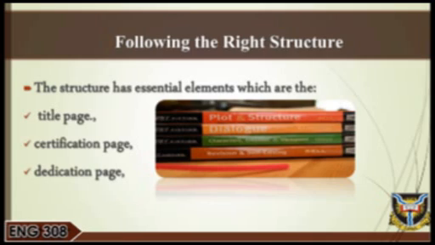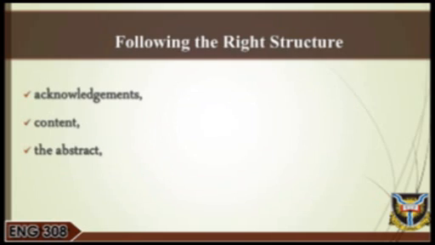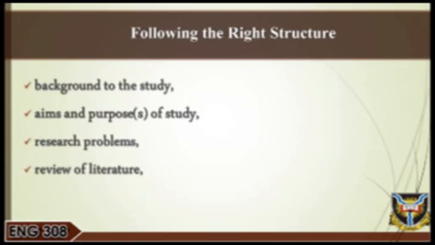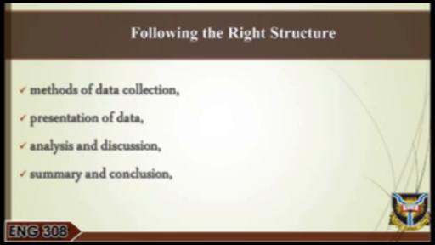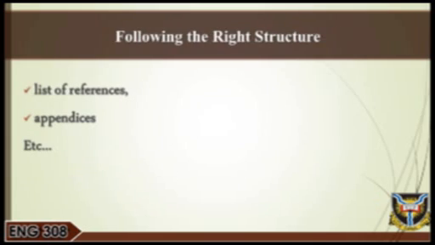However, the structure essentially has elements which are the title page, certification page, dedication page, acknowledgement, contents, the abstract, background to the study, aims and purposes of study, research problems, review of literature, methods of data collection, presentation of data, analysis and discussion, summary and conclusion, list of references, appendices, and so on.